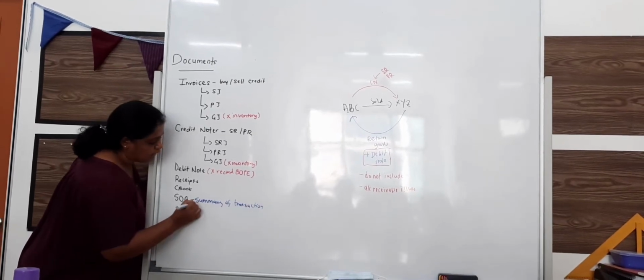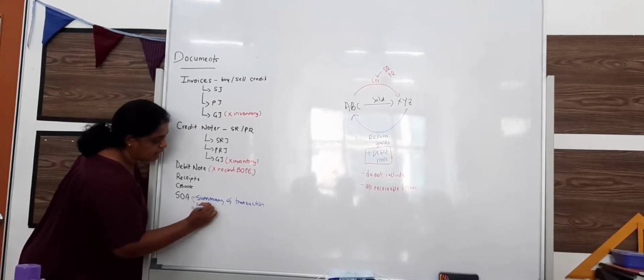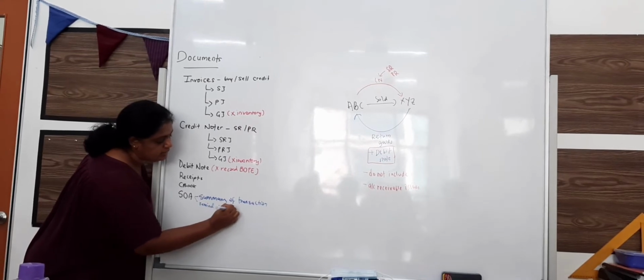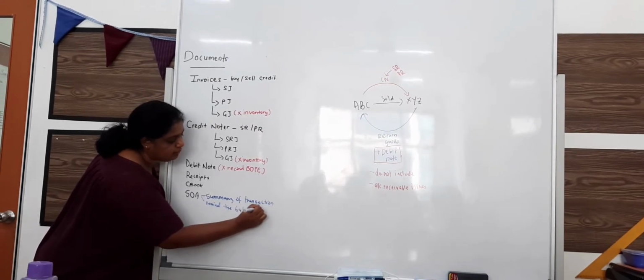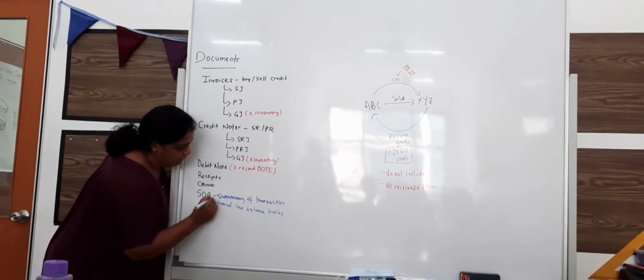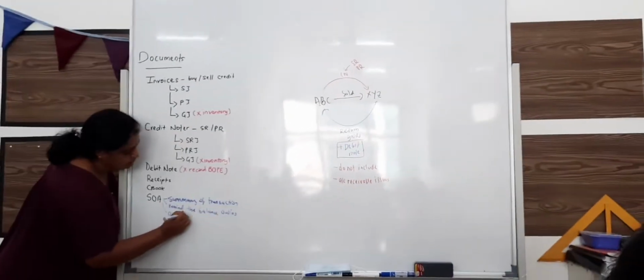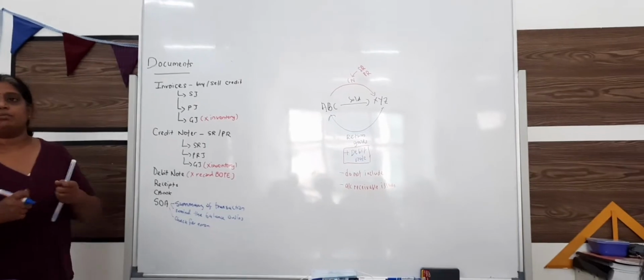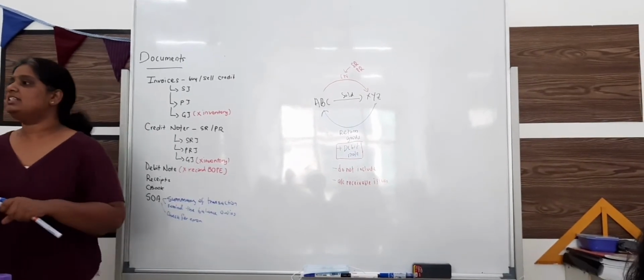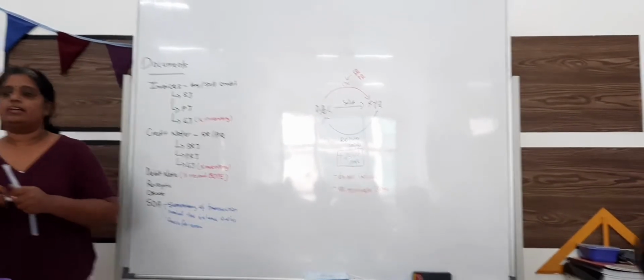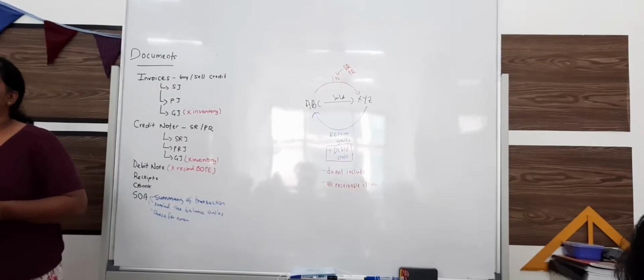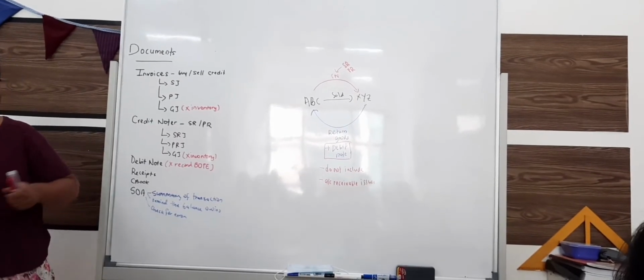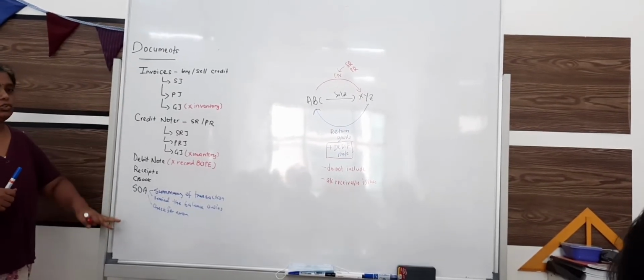So it will remind you how much is the balance owing, and also help to check for errors. Alright? Do we need to record the SOA, statement of account? No, it is just there to do the check and everything. Okay? Can you understand? So this is all the documents you need to know.